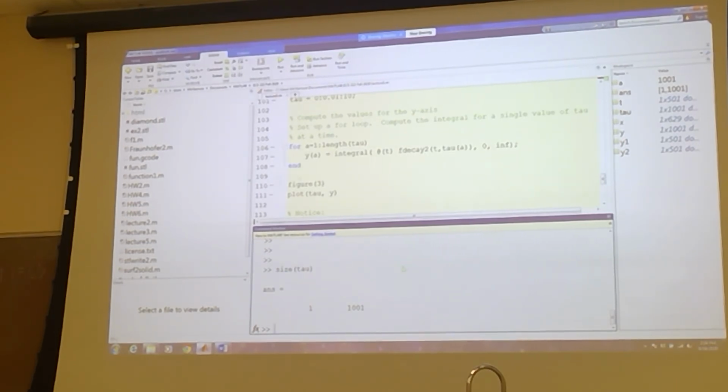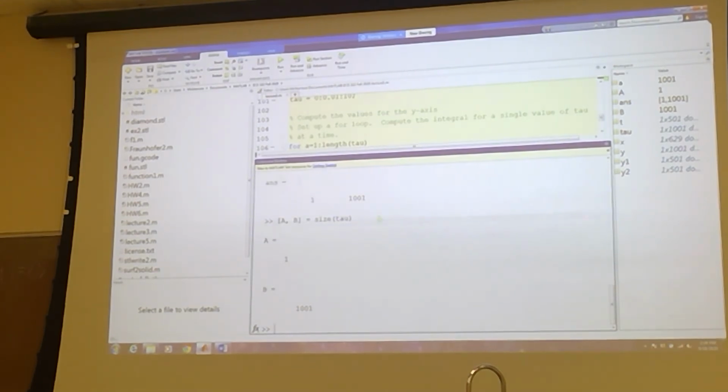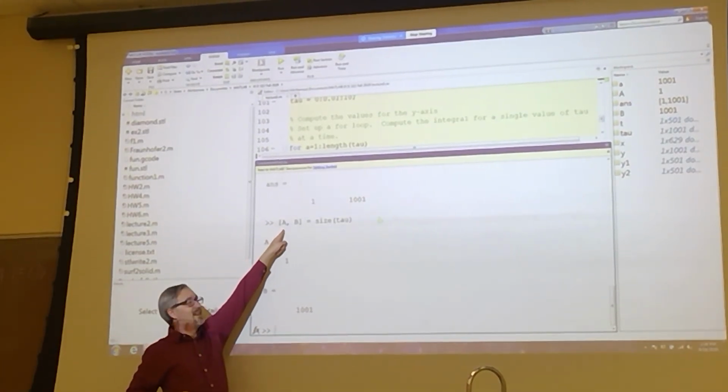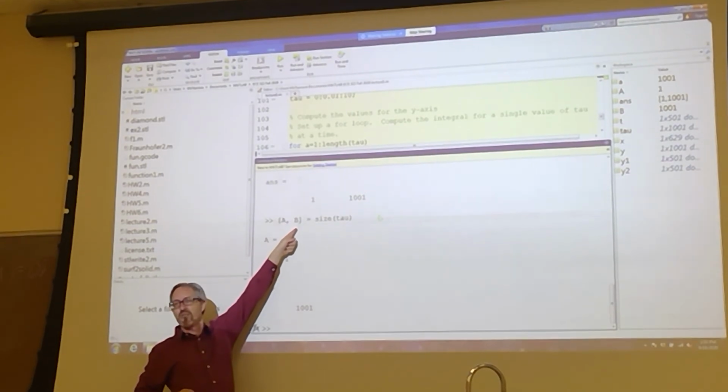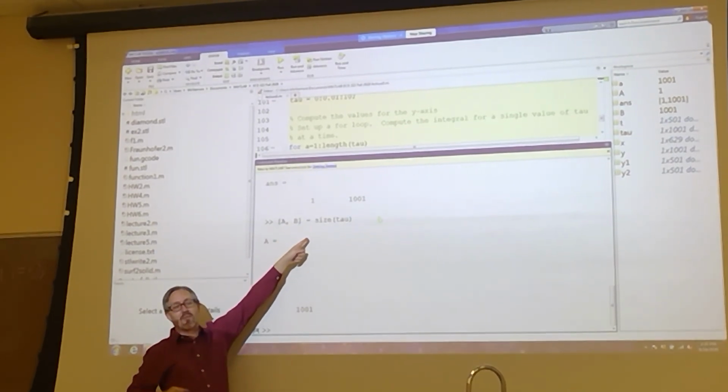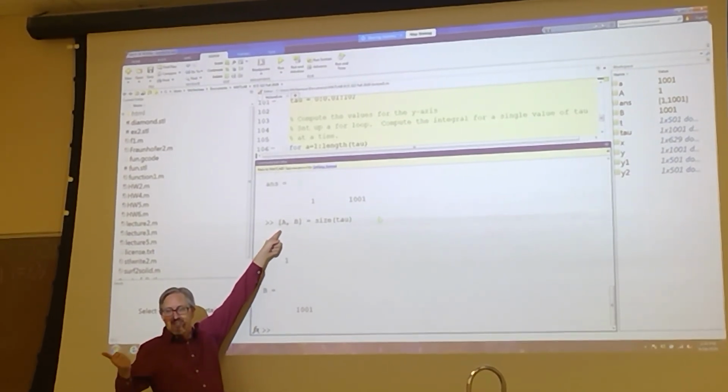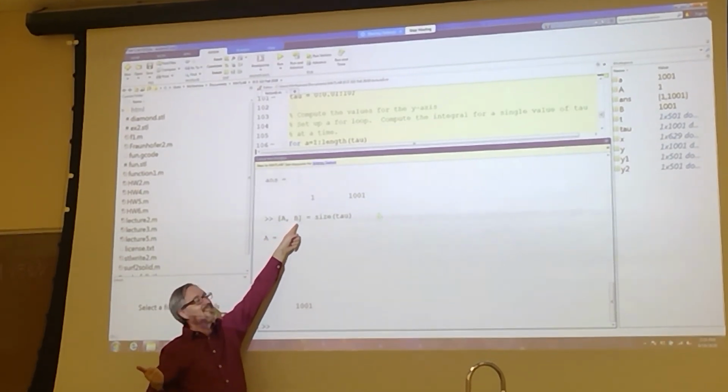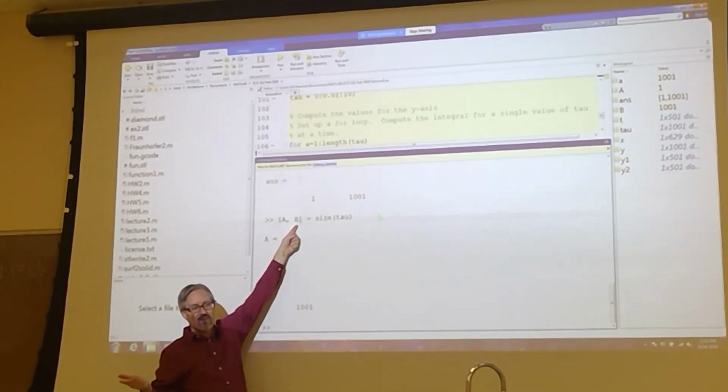But if I want them both in variables, I could do it like this. So see, this is the funny thing. If you return more than one variable, you have to put it into a matrix and put your 2 variables here, so that it puts the first thing it returns into the first part of the matrix, and the second thing it returns into the second part of the matrix.